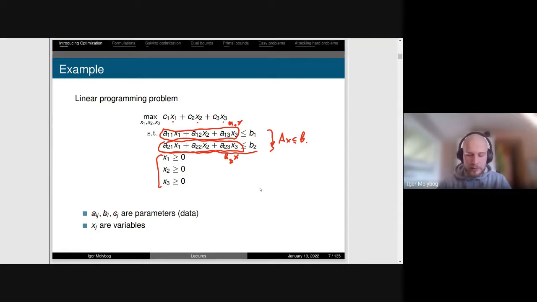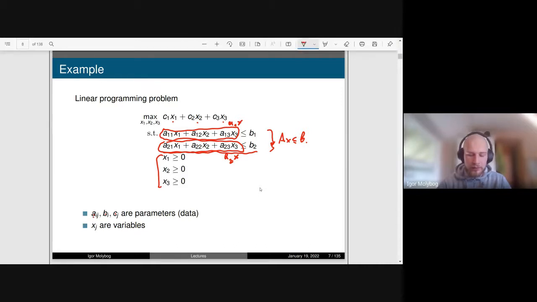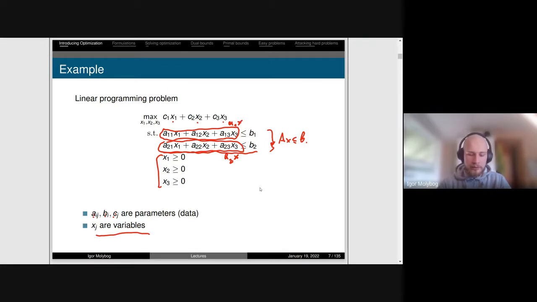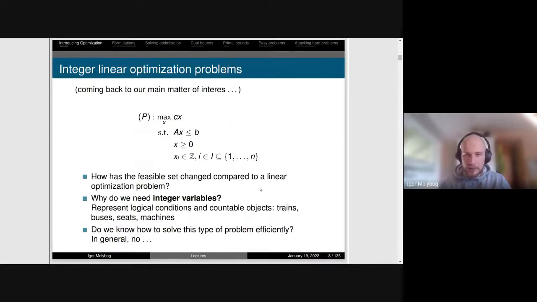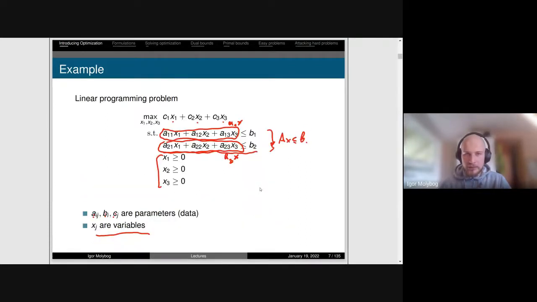So if we are given these types of parameters, our solution would be represented with a trio of numbers xj. Any questions regarding the linear optimization?